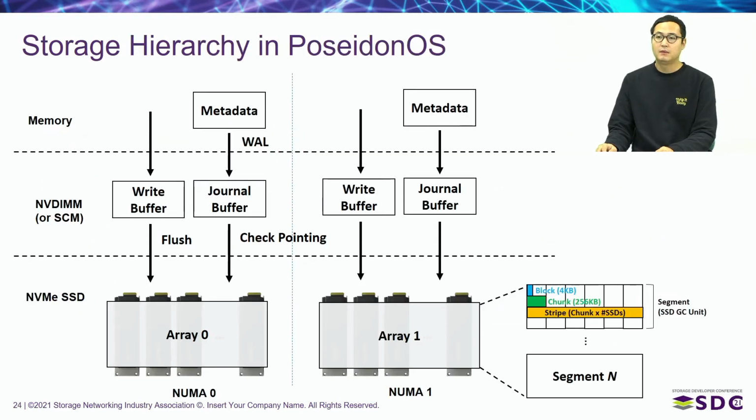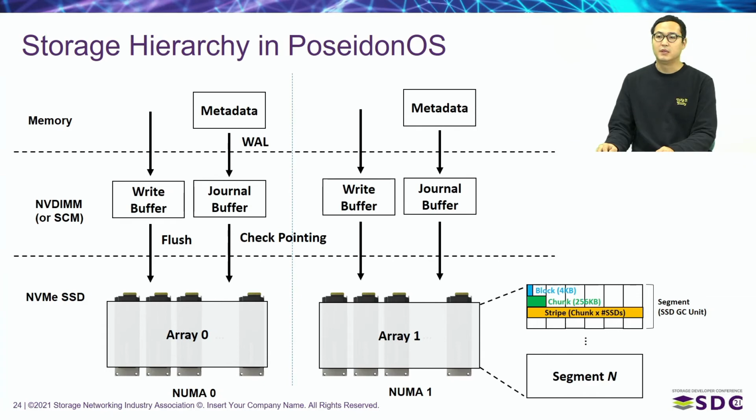Let me explain about the storage hierarchy in Poseidon OS. As shown in this figure, Poseidon OS has layered hierarchies such as memory, NVDIMM, and NVMe SSDs from top to bottom. Since the Poseidon server has 2-socket CPUs, you can see that all storage resources are managed separately based on their NUMA nodes.